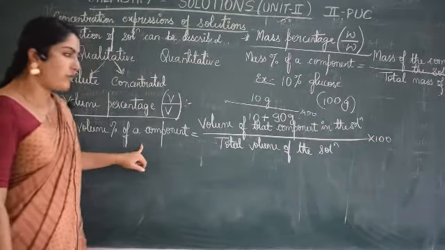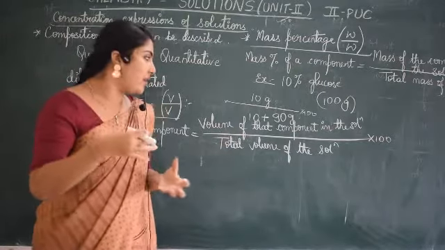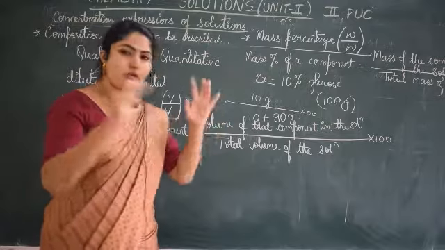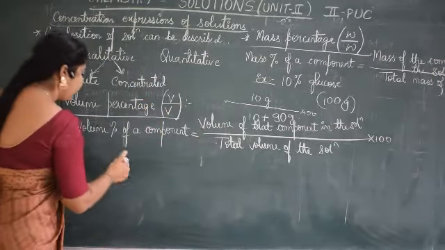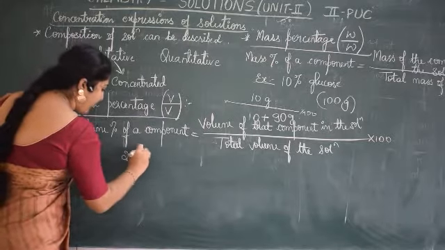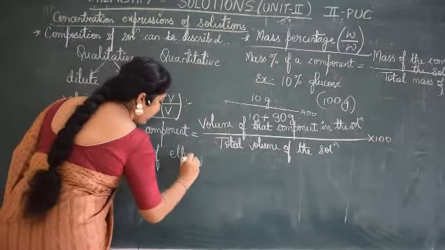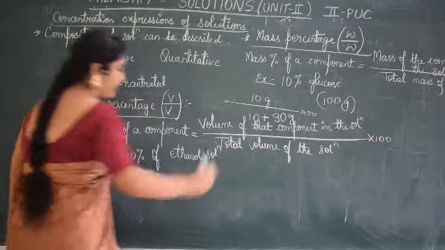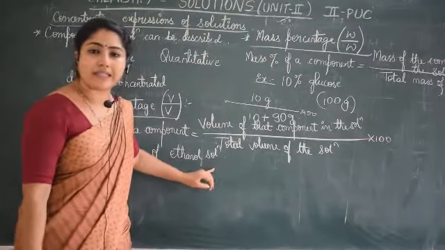So what is it? Volume percentage of a component means how much volume of that particular component, say solute, you have taken, divided by the total volume of the solution. For example, if I say 20% ethanol solution by volume, what does it mean?